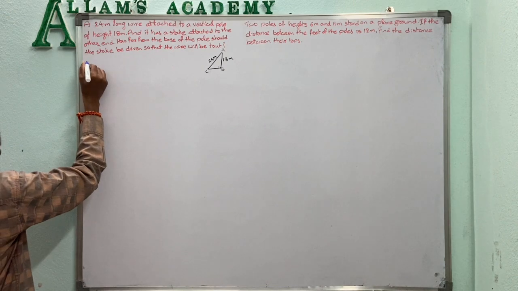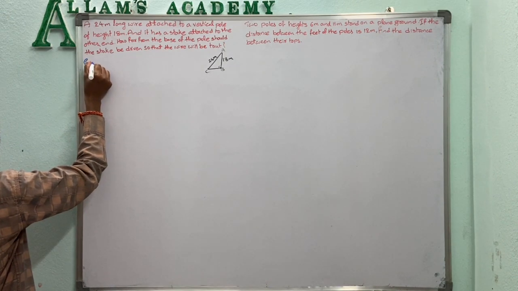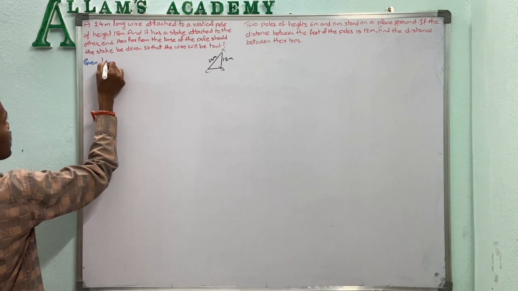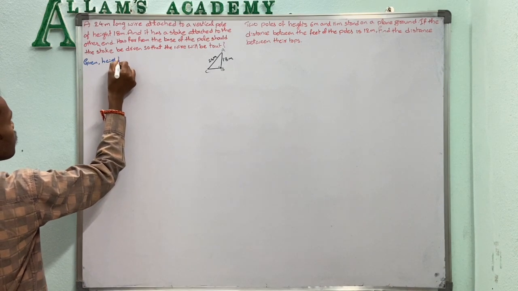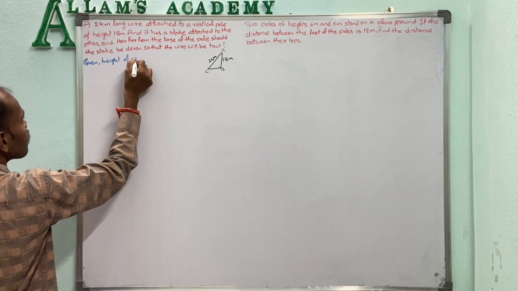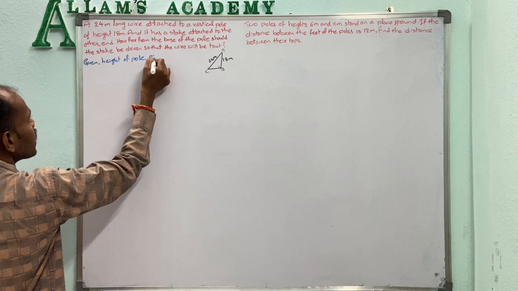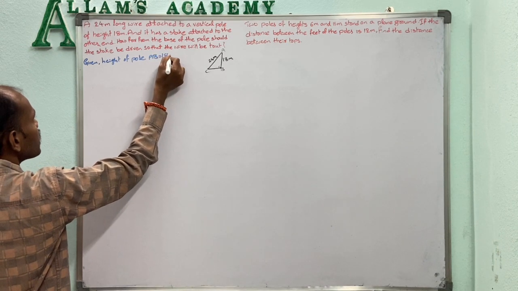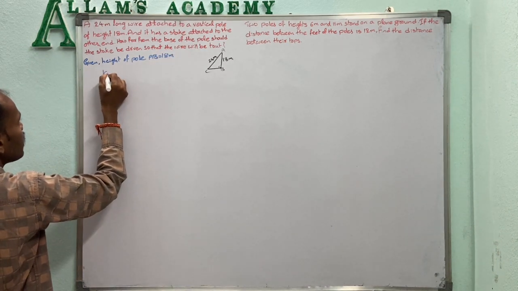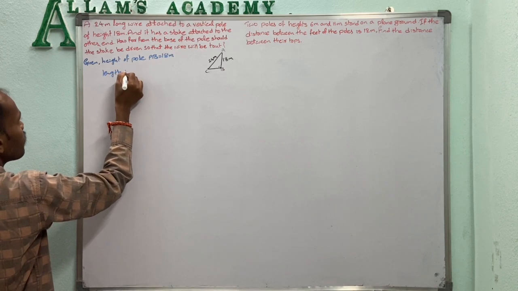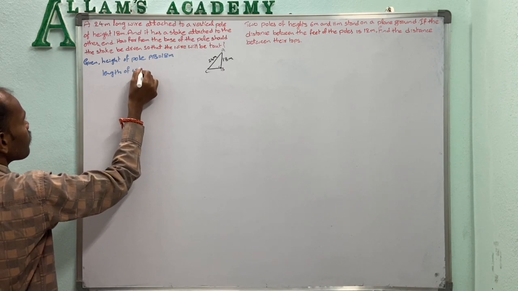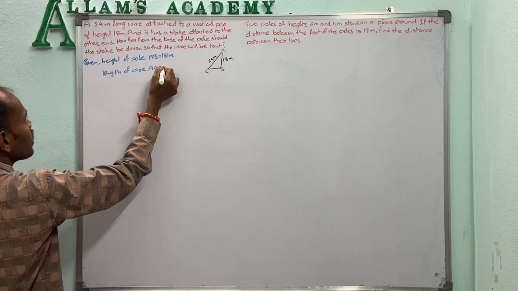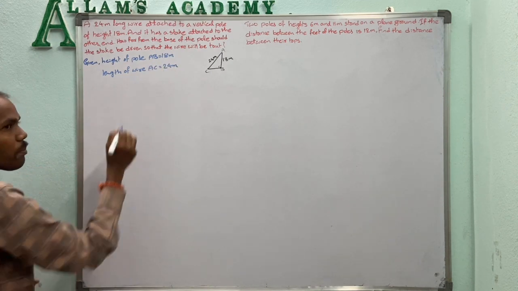Okay, so first, writing the given information. Given, height of pole AB equals 18 meters. Next, length of wire AC equals 24 meters.